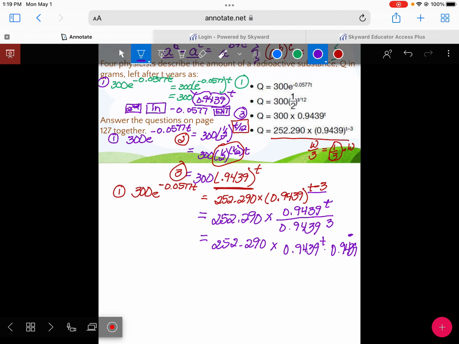Negative exponent, negative 3. So take 0.9439 to the negative third power. Tell me what you get.